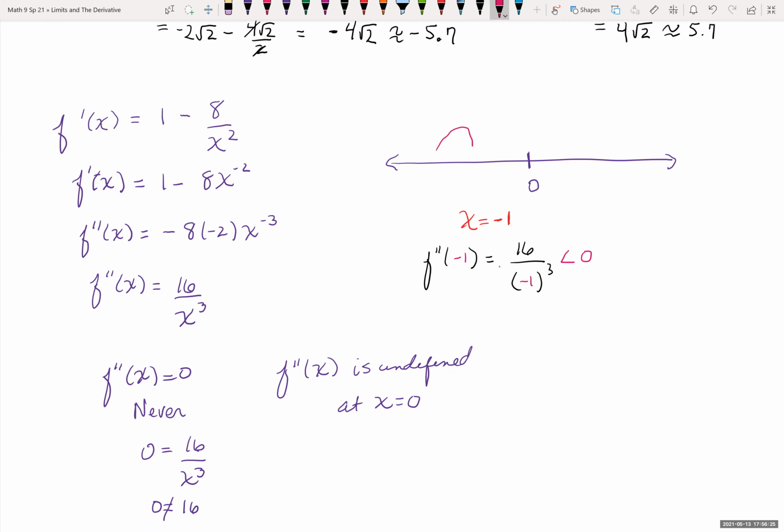So it's concave down here. And if we plug in positive 1, we get the second derivative of 1 is equal to 16 all over 1 cubed, which is greater than 0. So this is concave up.